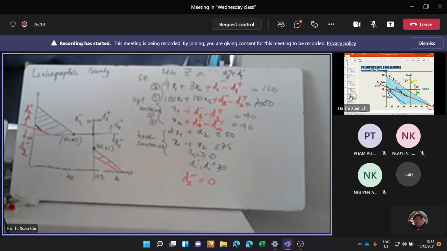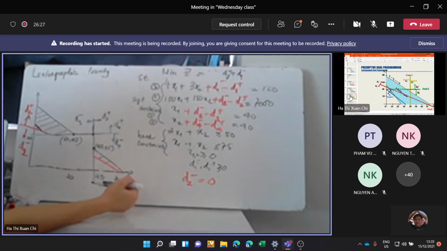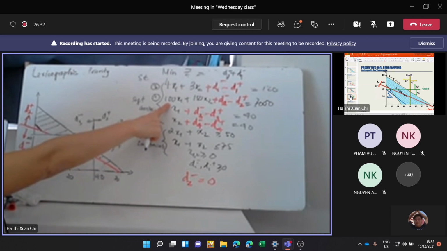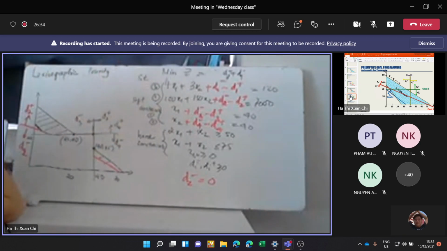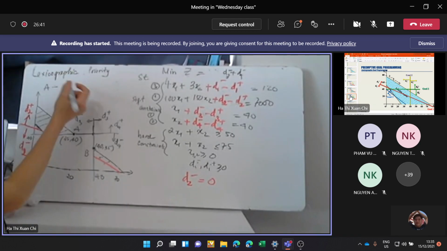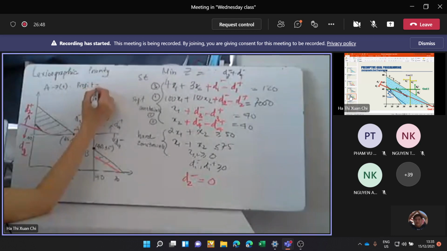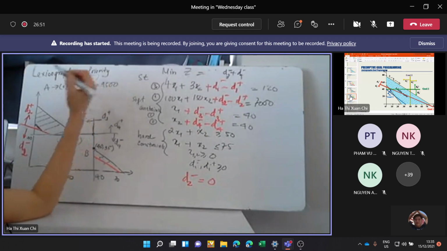So how can we know which one we should choose? Easily, we can substitute in the first goal here. So for example, this point is point A, that is point B. If you substitute A in 1 here, you can get the profit. You get that.